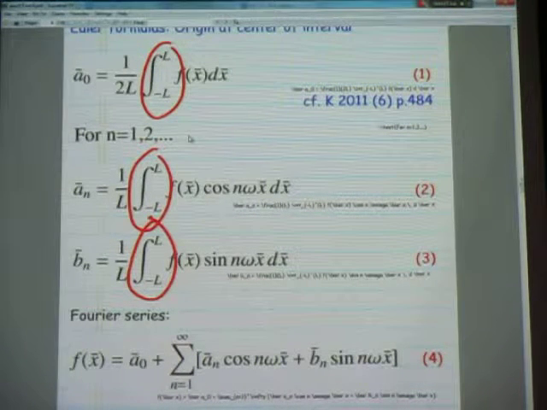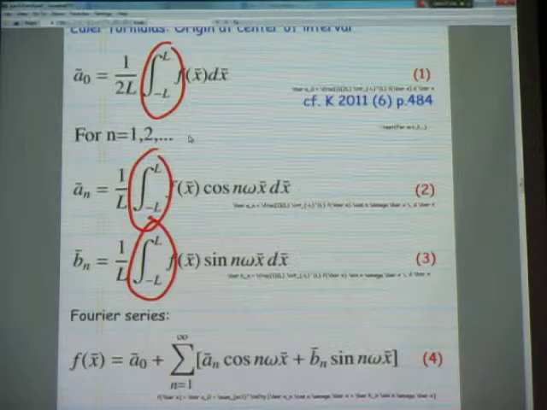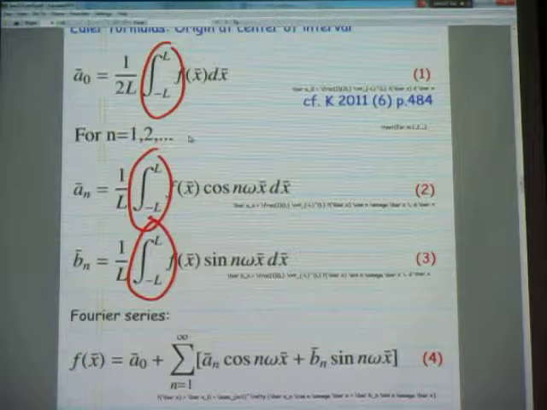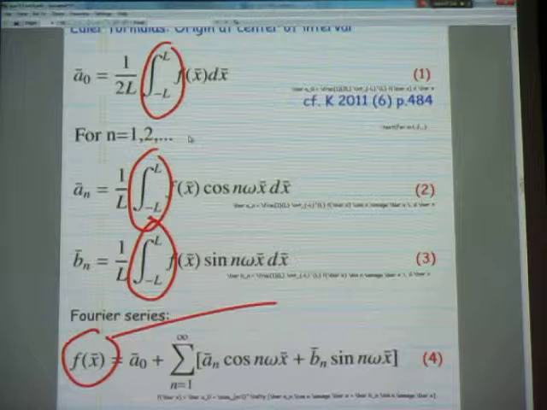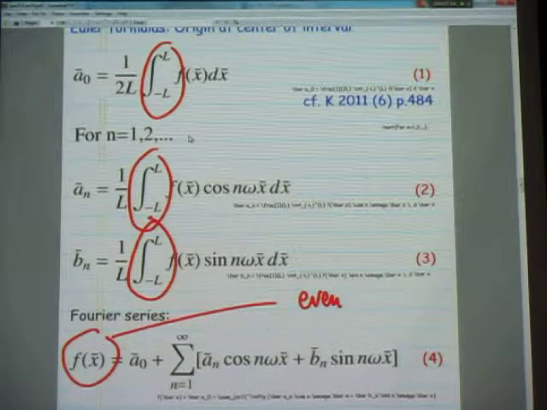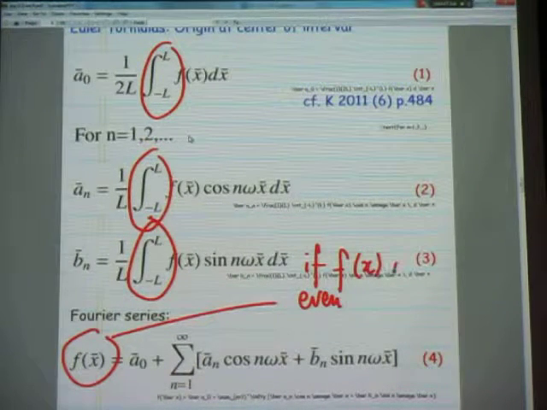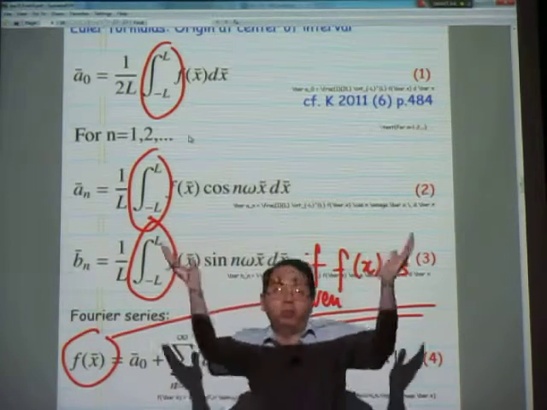So let me ask you this. Over one period that is centered with the origin at the center of the period, if f is an even function, so here is an if, if f is even, as in problem number 12, 1 minus x squared over 4, something like that, a parabola.